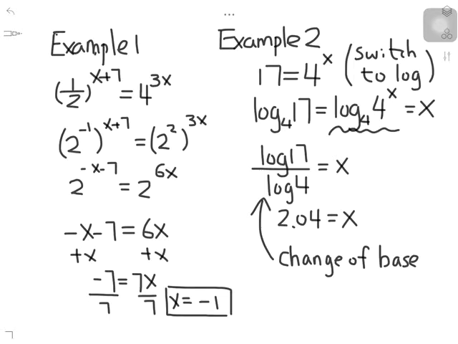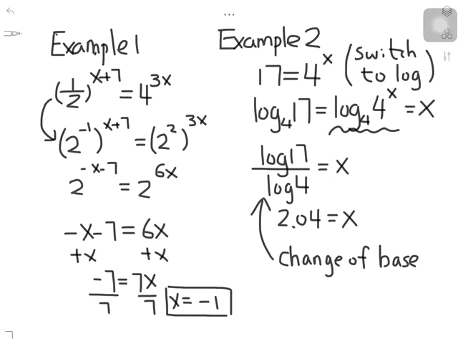So in the first step, I rewrite 1/2 as 2 raised to the -1 power. How about the 4? 4 is 2 raised to the second power. So from the first step to the second step, I simply changed everything into base 2.